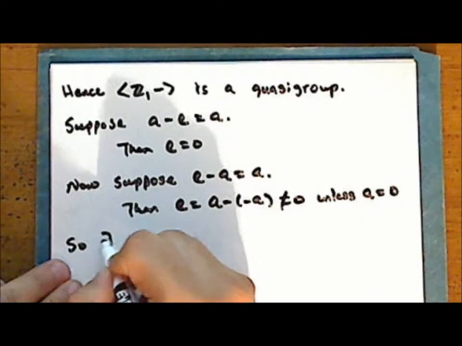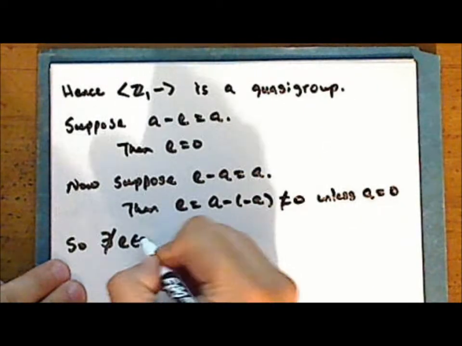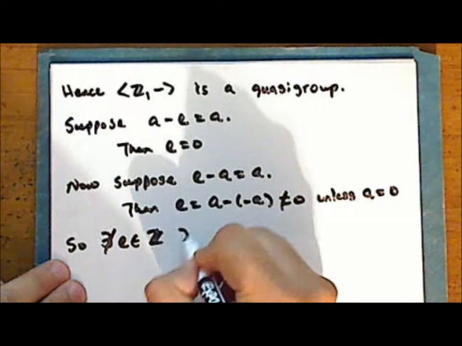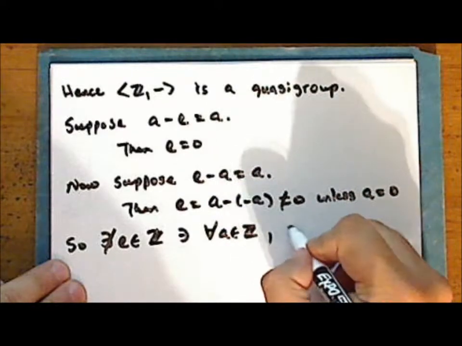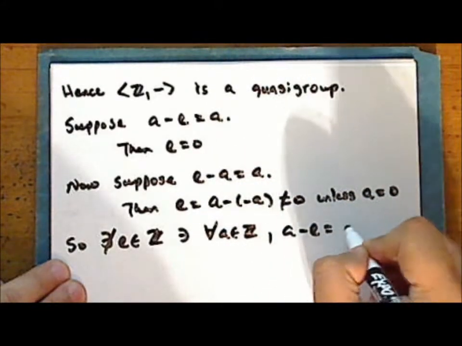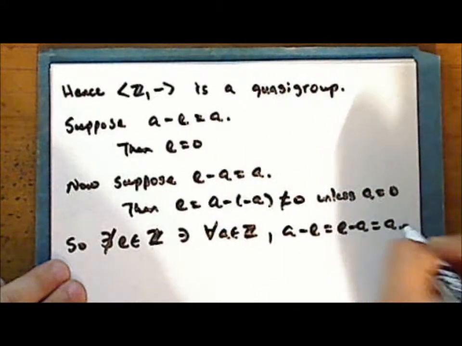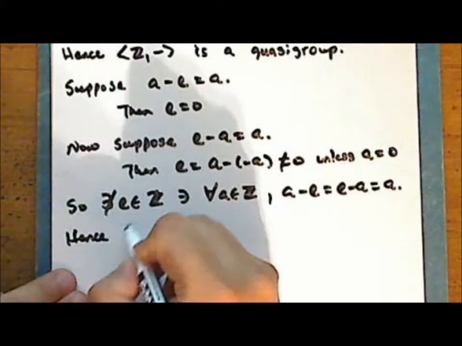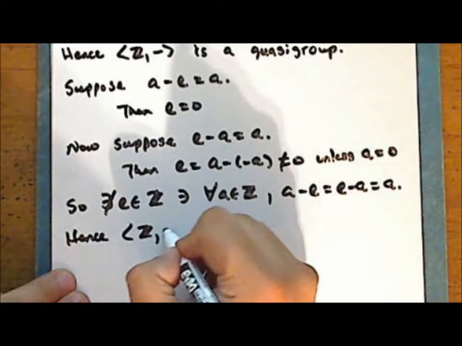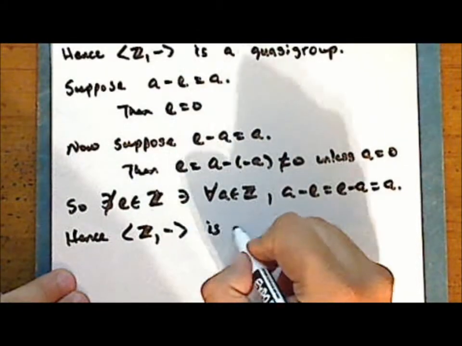And so there does not exist an element in the set of integers such that for every integer A, we have that A minus e is the same as e minus A, which gives A. And hence the integers under subtraction is not a loop.